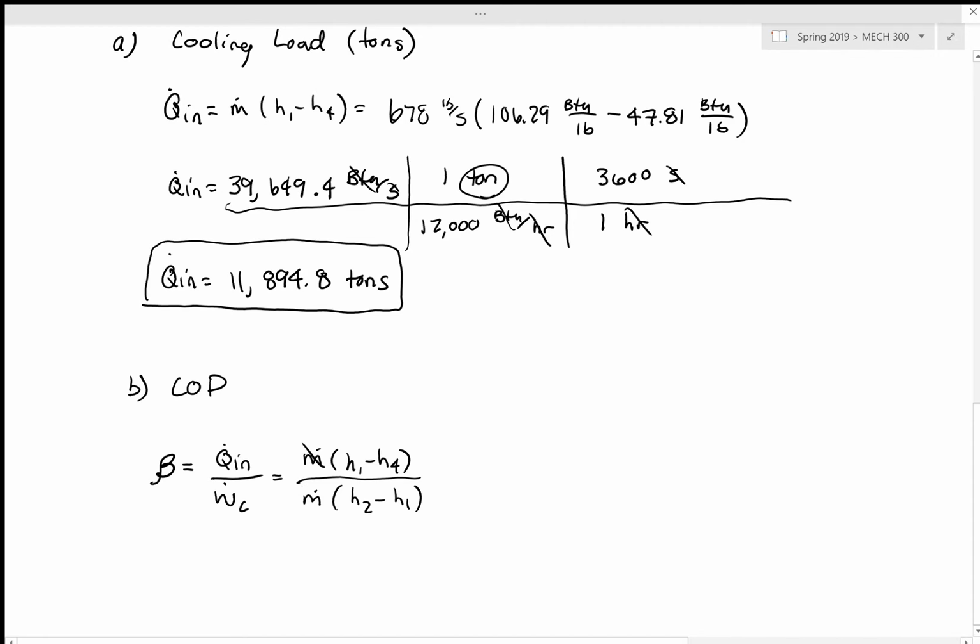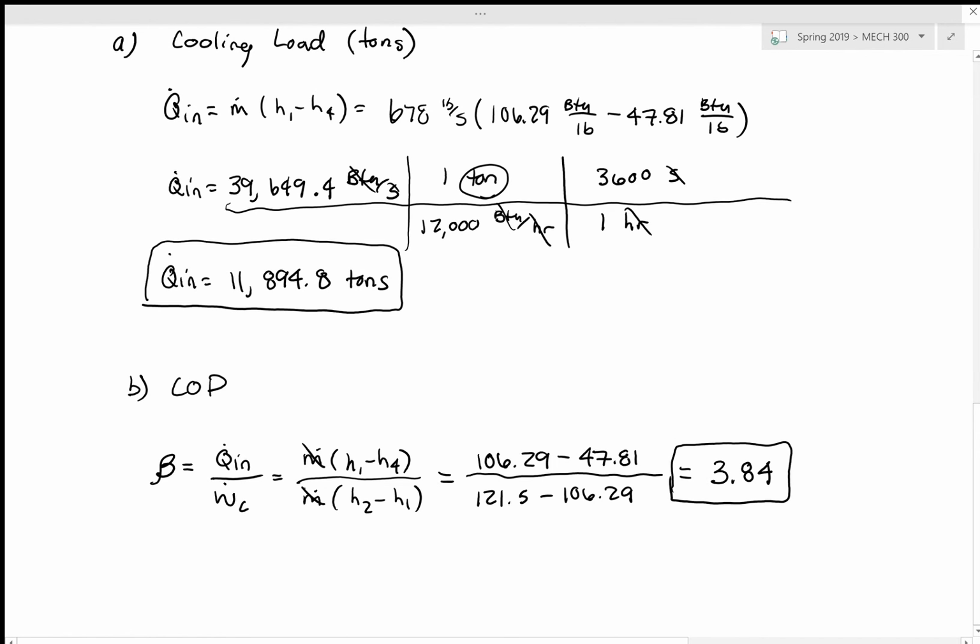And our m dots are going to cancel here, so we are just left with our enthalpy values. So we can plug in those which we solved for earlier: (106.29 minus 47.81) over (121.5 minus 106.29), and that comes out to be 3.84 for our coefficient of performance.